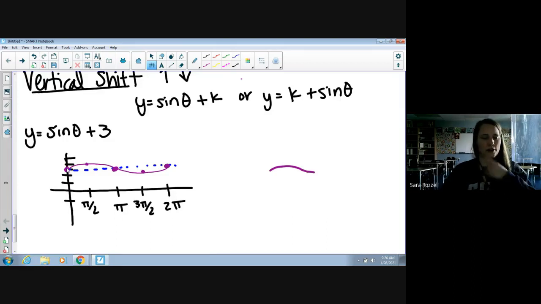Normally it's at 0, then it's at 3. Normally it would be at 1, but that's at 4, 0, 3, negative 1, 2, 0, goes up to 3. But instead of having to put all your points and then add 3 to each of them, if you just think, okay, this would be where it would be if I shifted it up, you can still do your pattern. At the zeros, 1 up, 1 down.